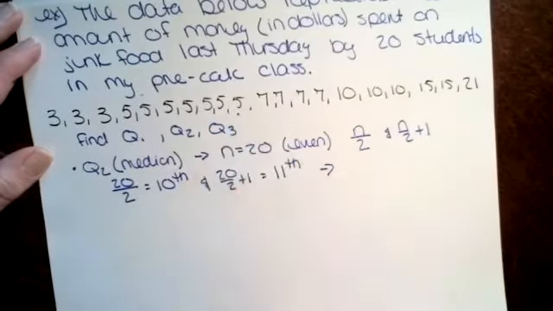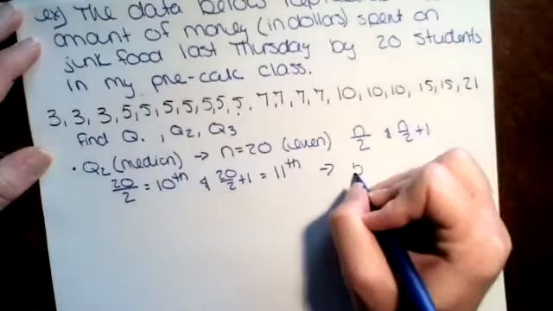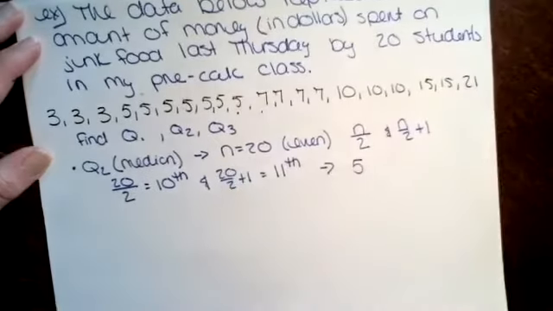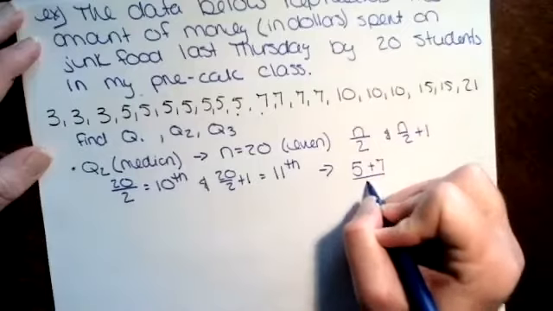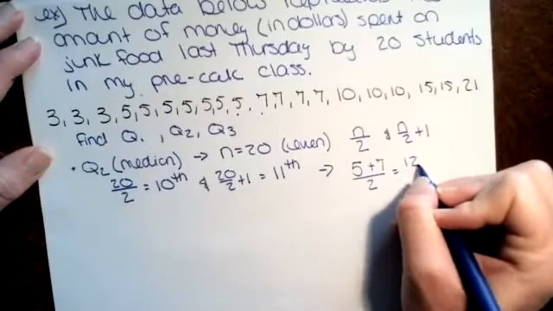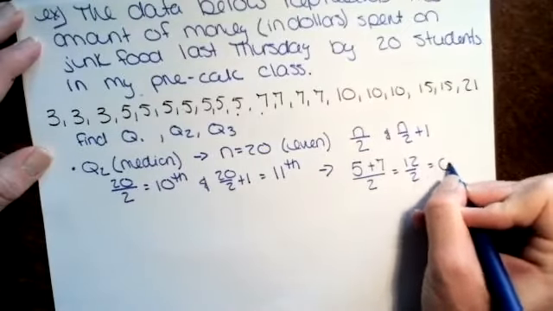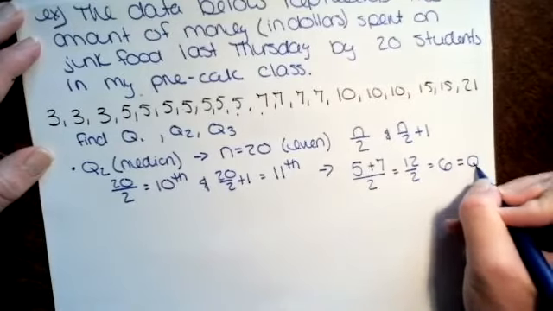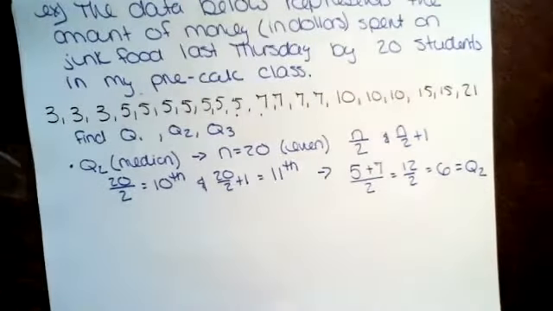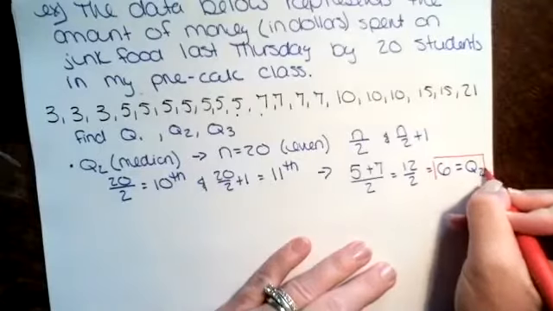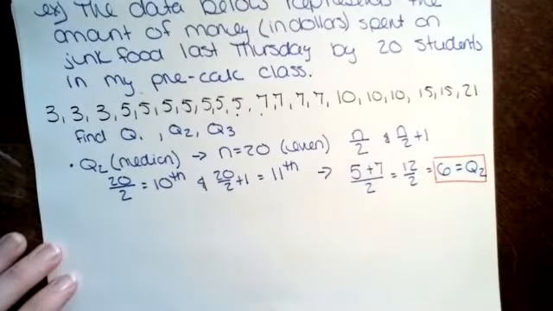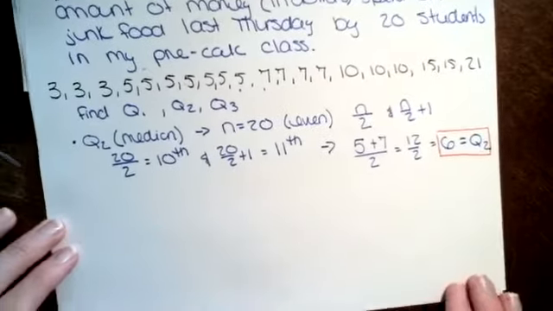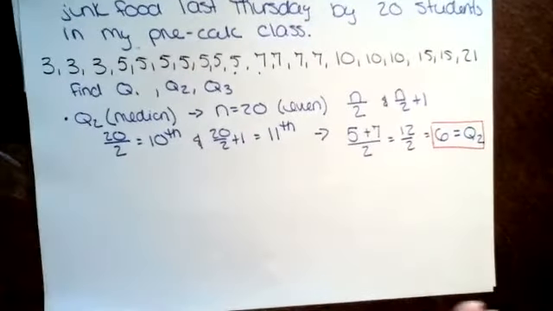So 10 right here is the number 5, that data value, and 11 would be number 7. So I'm going to add them and divide by 2 because I'm averaging them. So that gives me 6 as my quartile 2. So I'm going to just box it off so it's easy to find when we need it in a little bit. Any questions on that part of it?